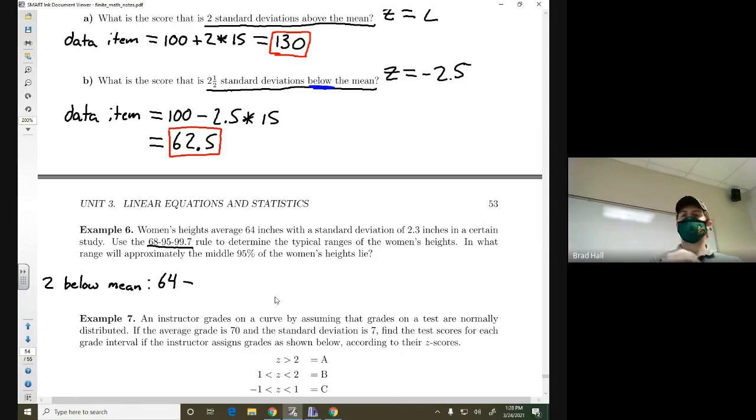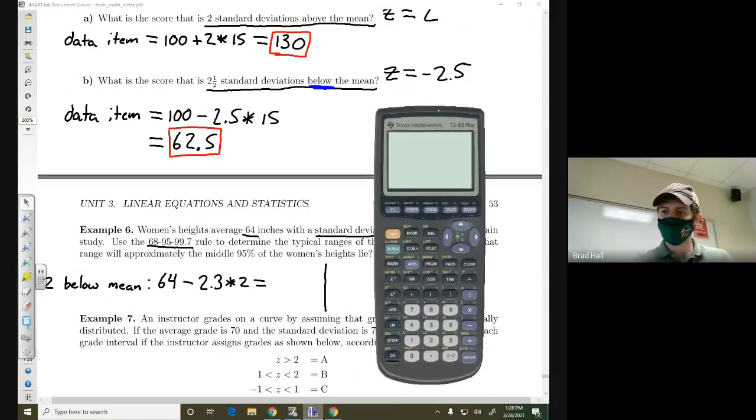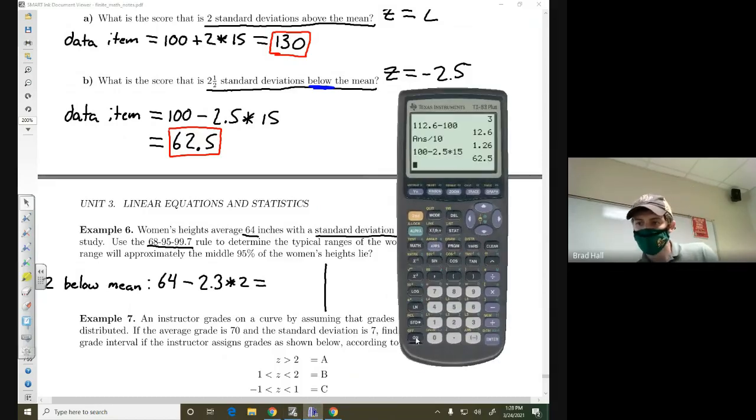Well, what's the value of our increments? It's the 2.3 standard deviation, which they tell us in the problem. But we're not doing that just one time. We're doing that 2 times. So 64 minus 2.3 times 2. It's 59.4. That is the lower bound of the middle 95%.